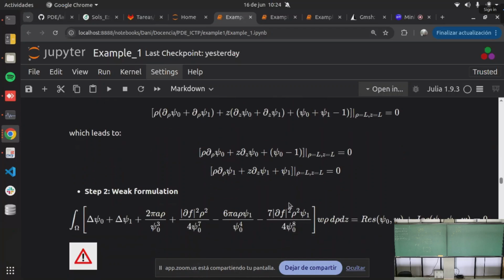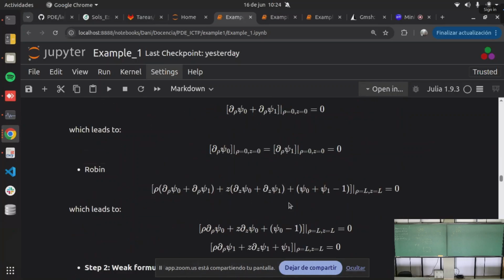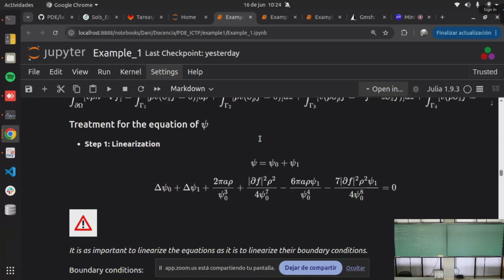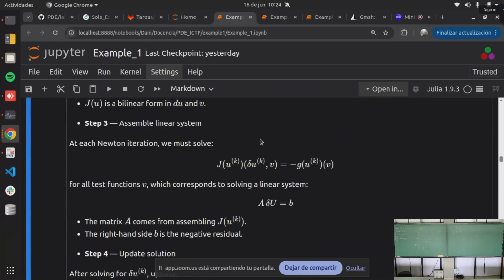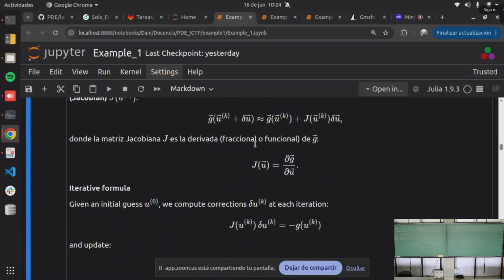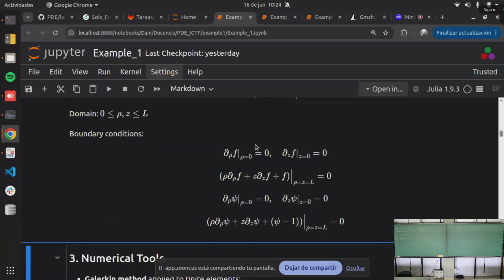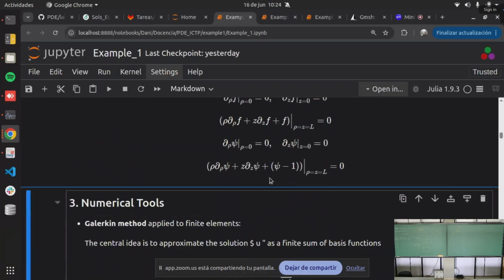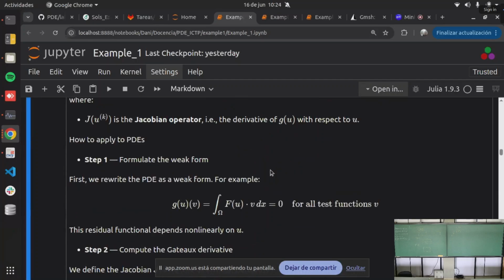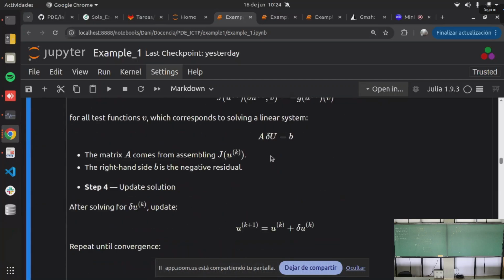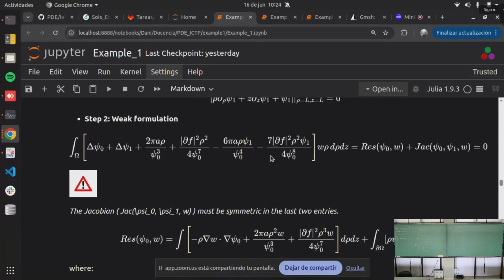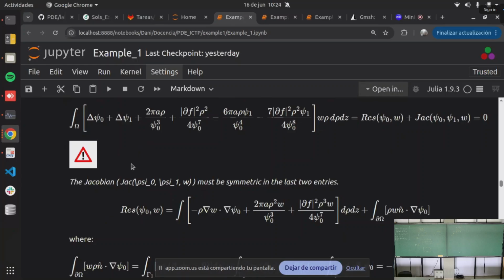So after that, we have to decompose the equation for C, this one, into the residual part with its boundary conditions, and the Jacobian part with the boundary conditions for C1, the correction. And we do it like this.